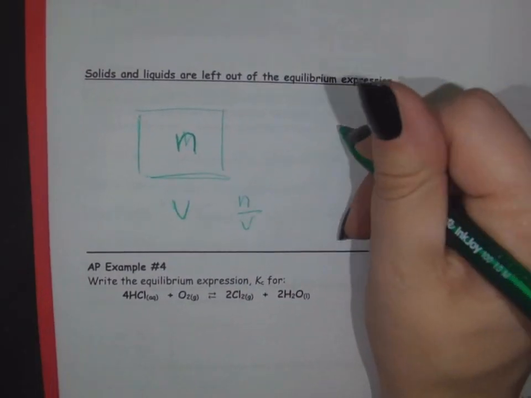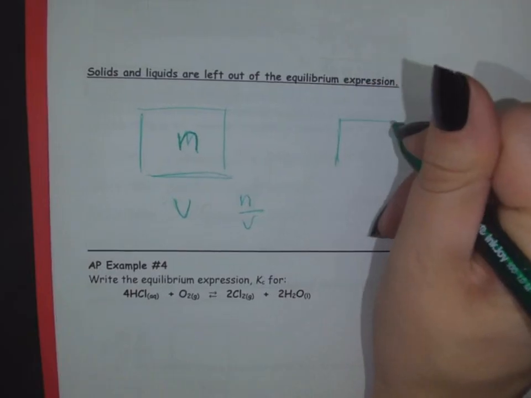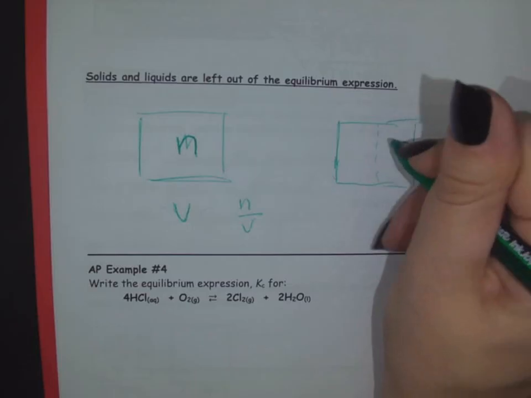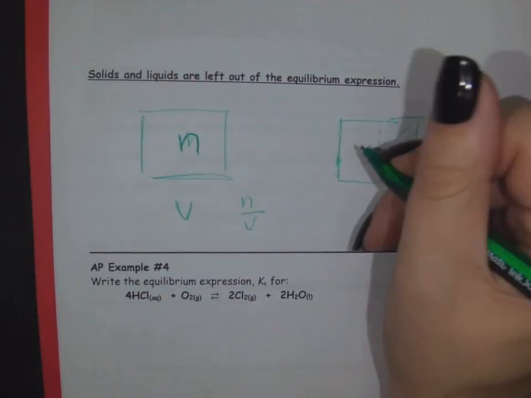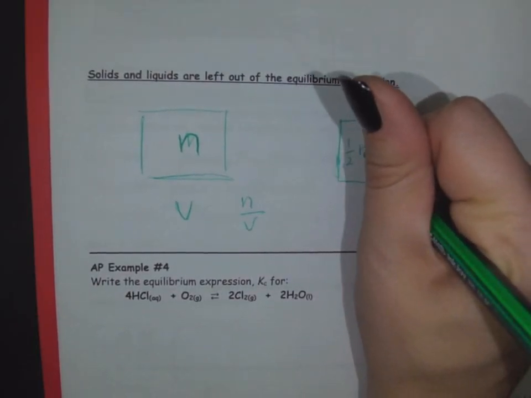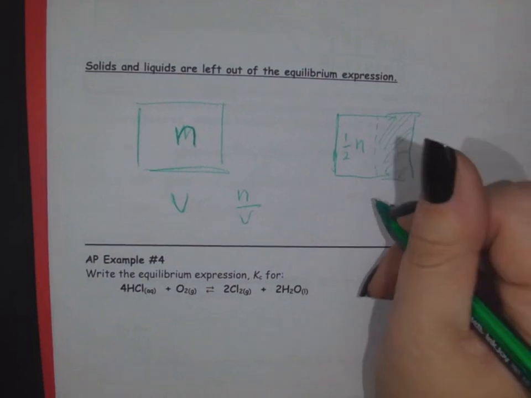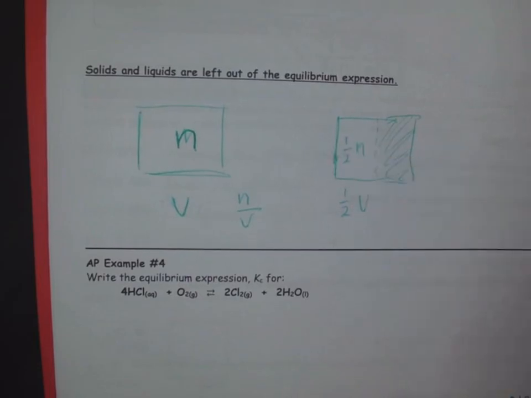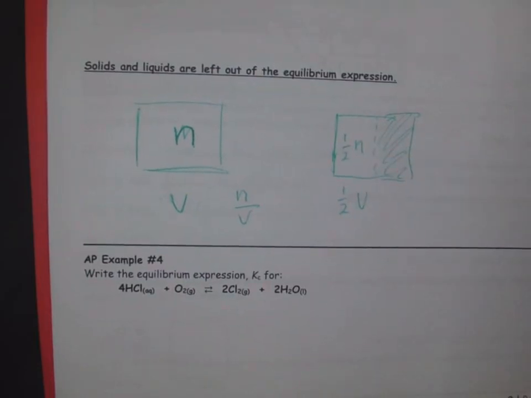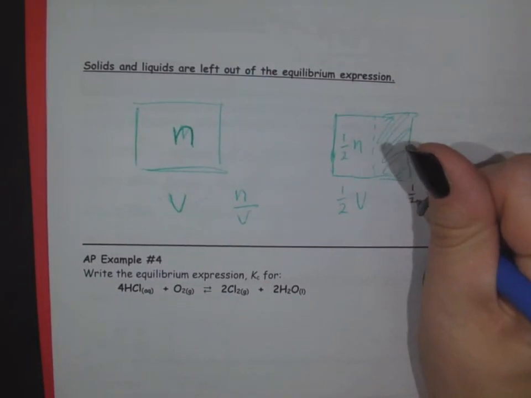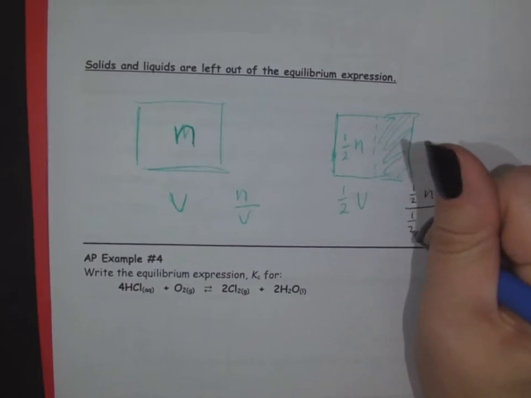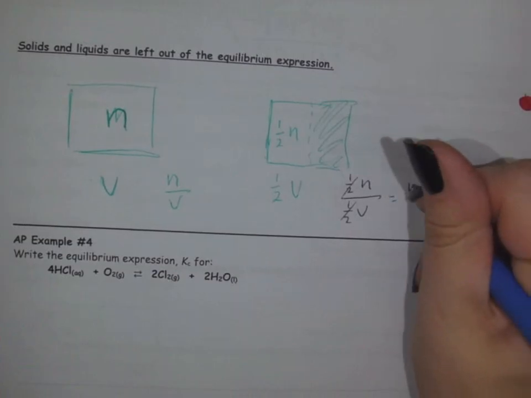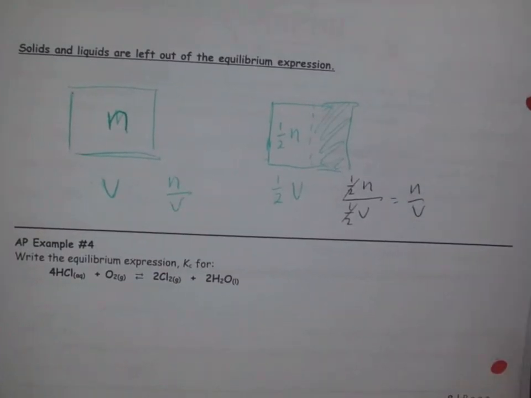And then if I get rid of half of that mass, I'm going to draw the whole thing again, and half of it's going to go away. Now I have half the amount of moles that I did before, but guess what? I also have half of the volume that I had before. And so that would mean it's half of the moles divided by half of the volume. Well, half over half cancels, and so it's the same concentration as it was before.